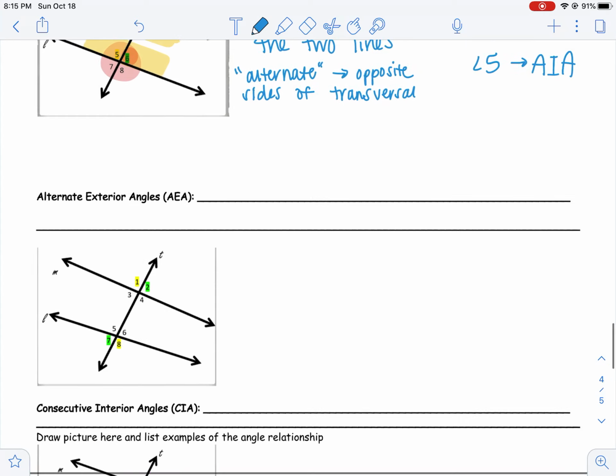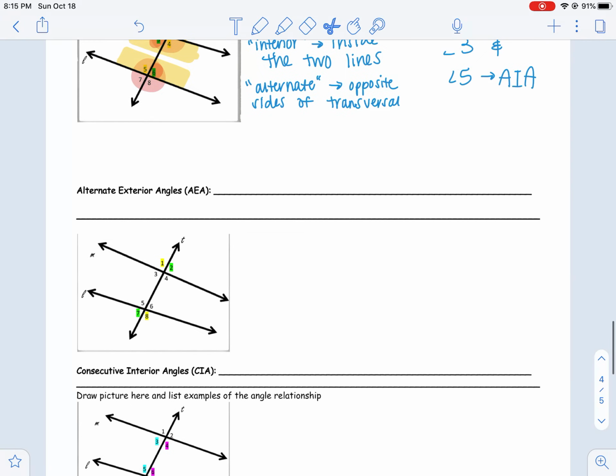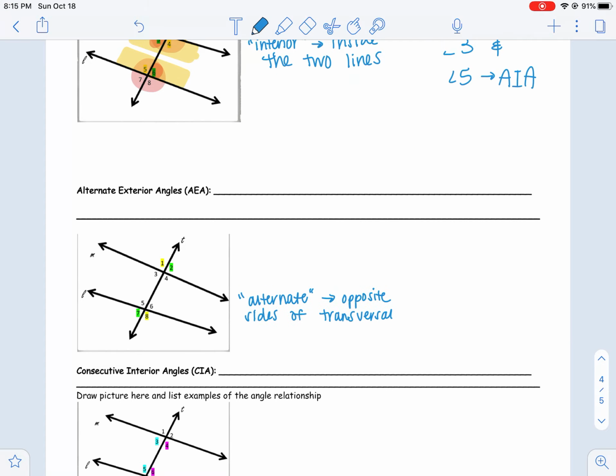Cool. Now, just opposite of that, we have alternate exterior angles. So we're going to bring the same meaning down here for alternate. And after we write our definition, we'll come up with maybe what exterior could mean and ring a bell in our head.